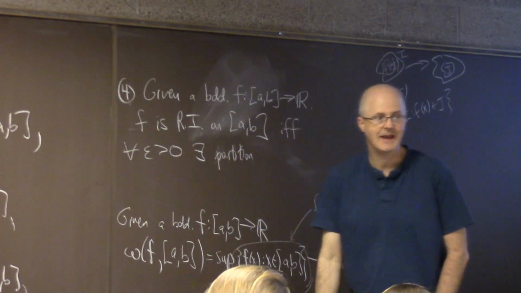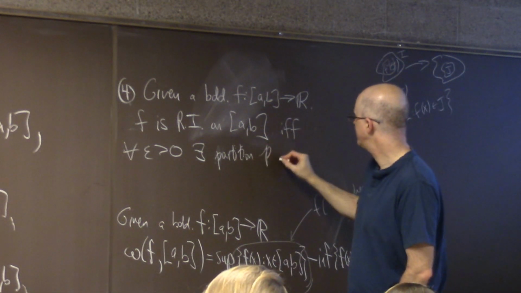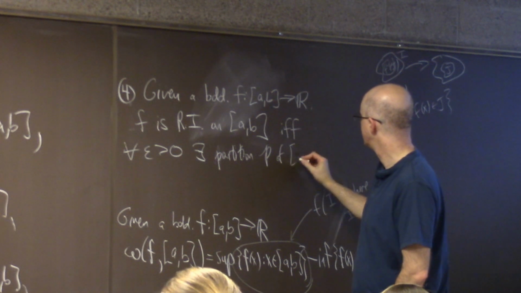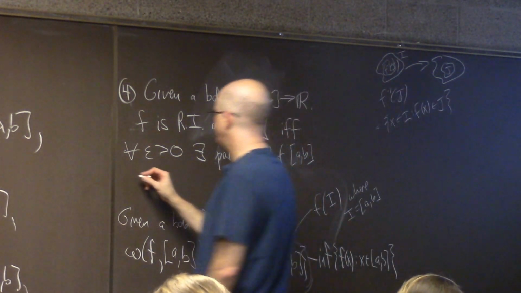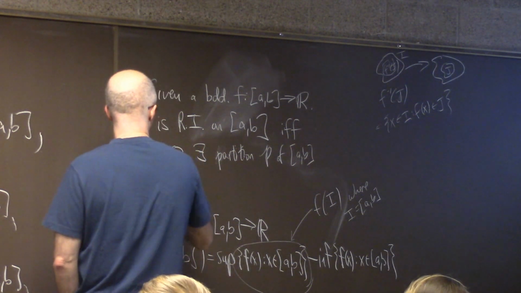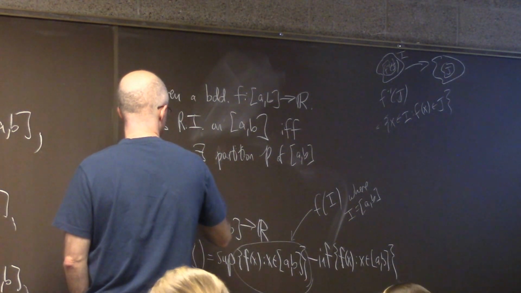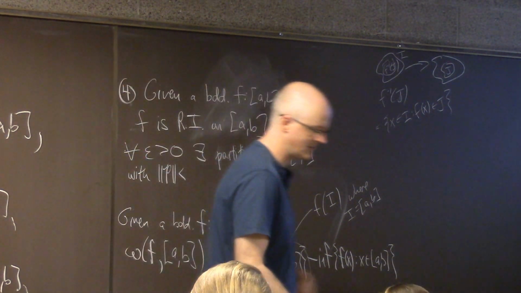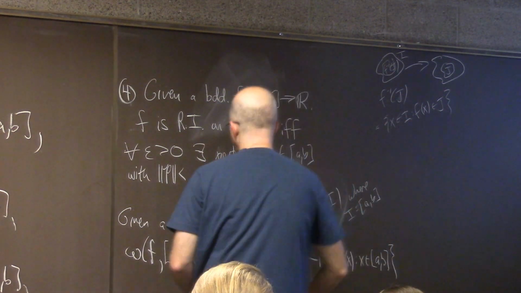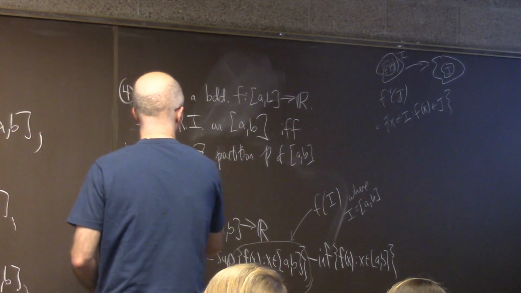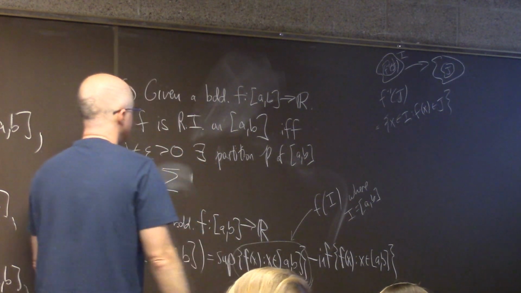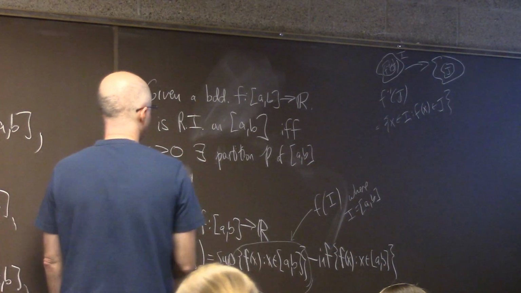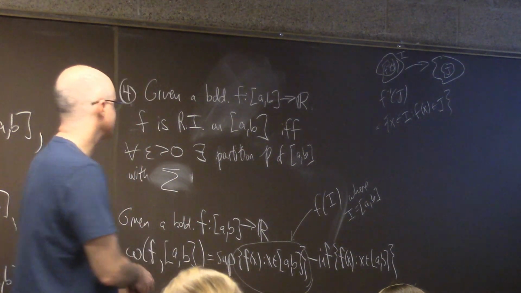It can just be any partition P of the closed interval, with the following sum ultimately being less than epsilon.